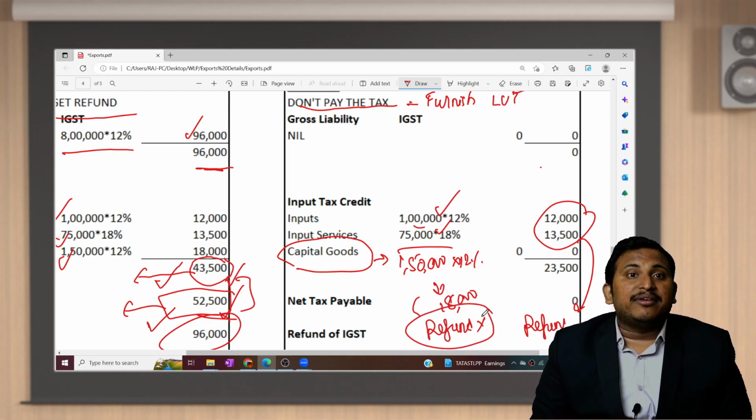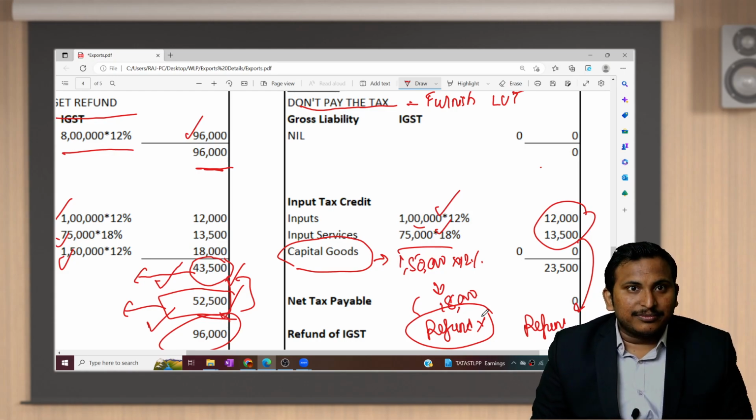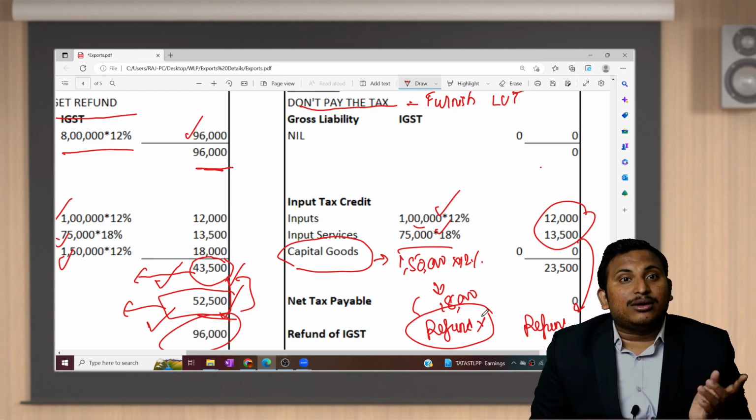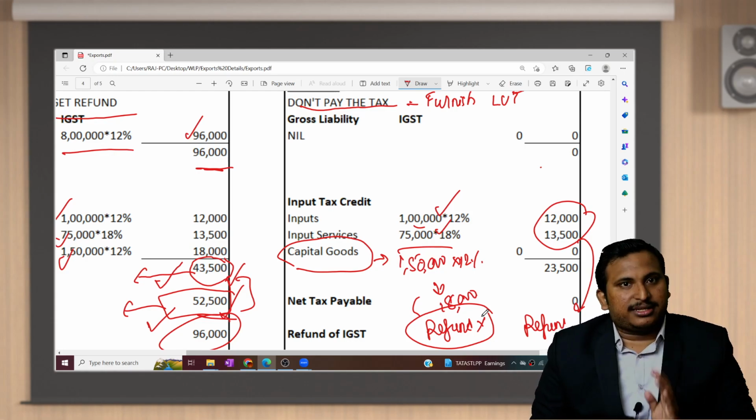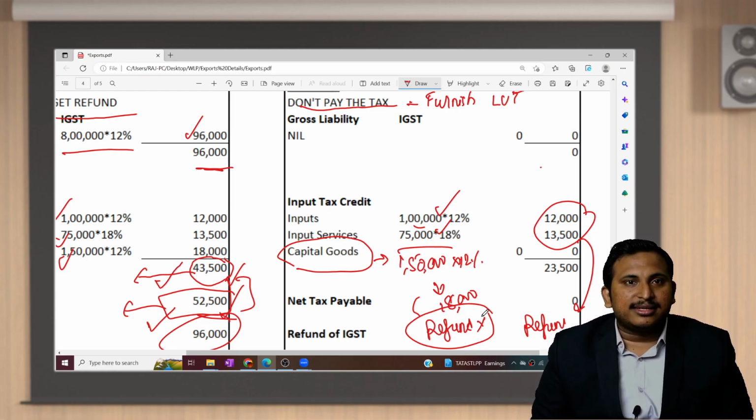Maybe if you have any other tax liability, like domestic sales on which taxes are to be paid, you can use it to adjust that. But you cannot get it as a refund. With respect to capital goods, if there is some ITC, you cannot get it as a refund. You can just use it. That's all. Is that clear?